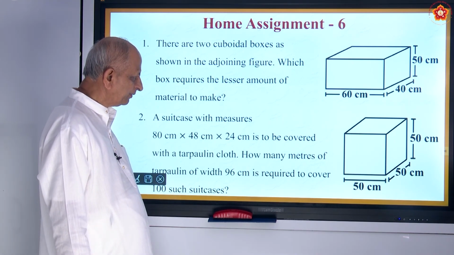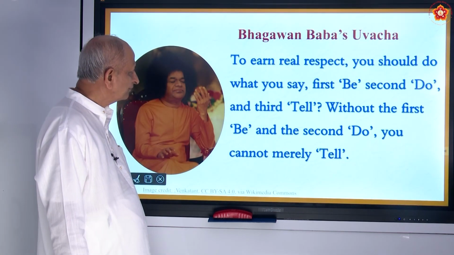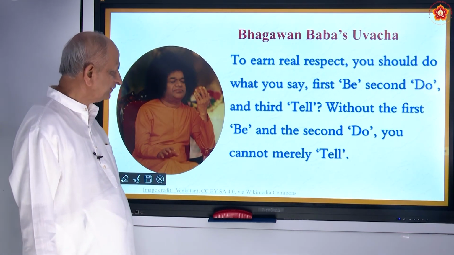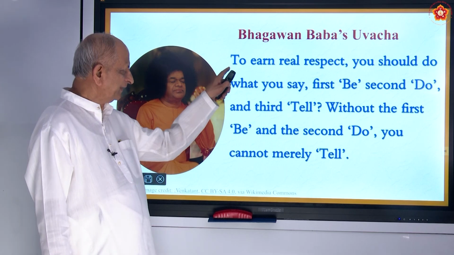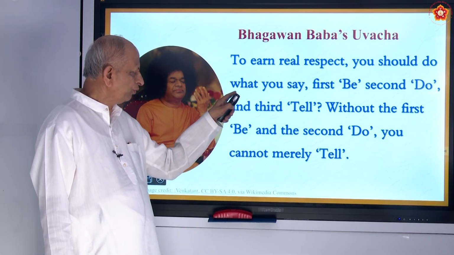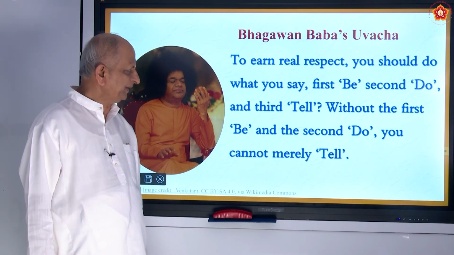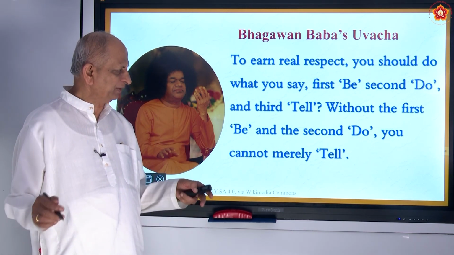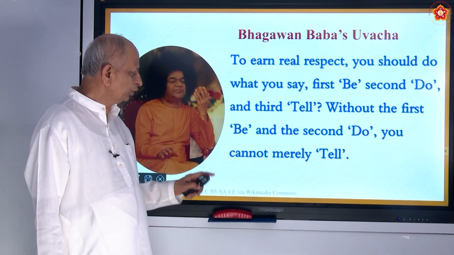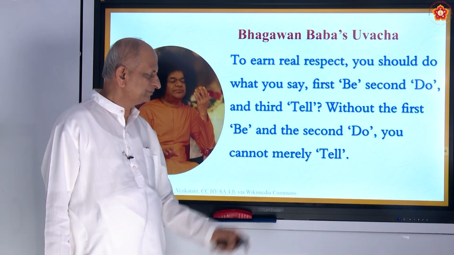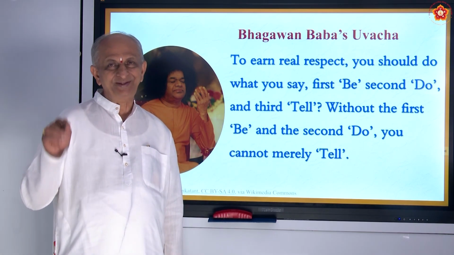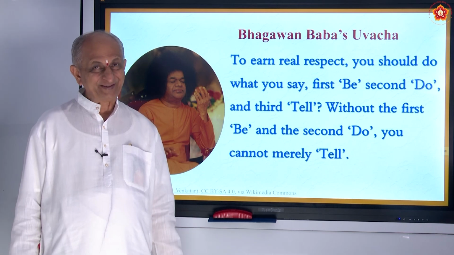Now let us see what Bhagwan Baba says. Bhagwan Baba says, to earn real respect, you should do whatever you say. First, be, means you must live in that. Second, do. And third, tell. Usually you will be telling so many things, but you will not be practicing.